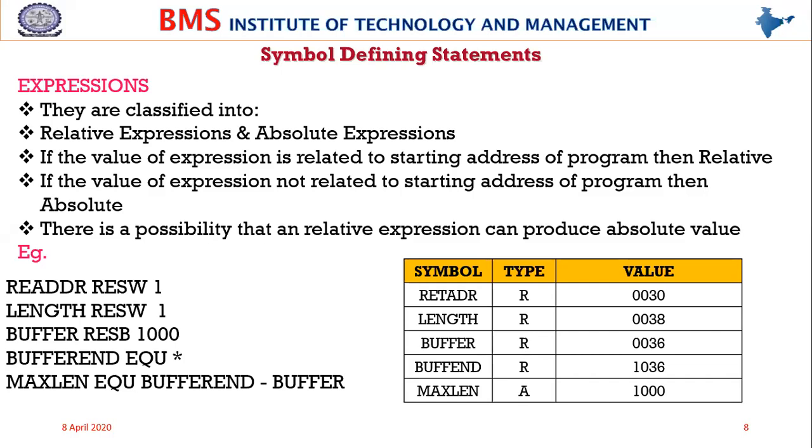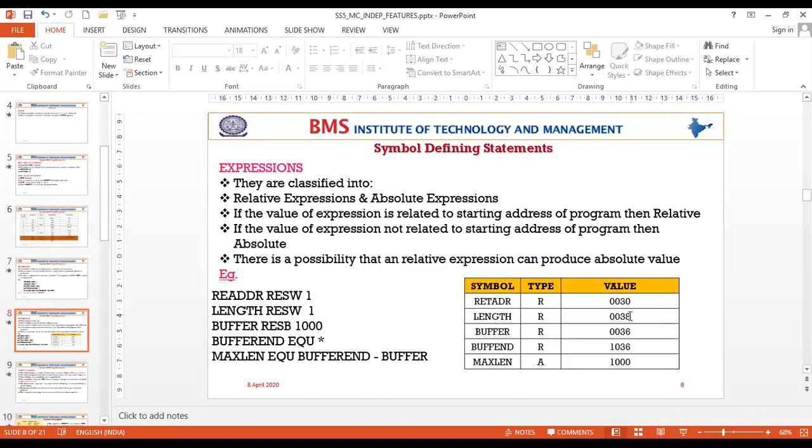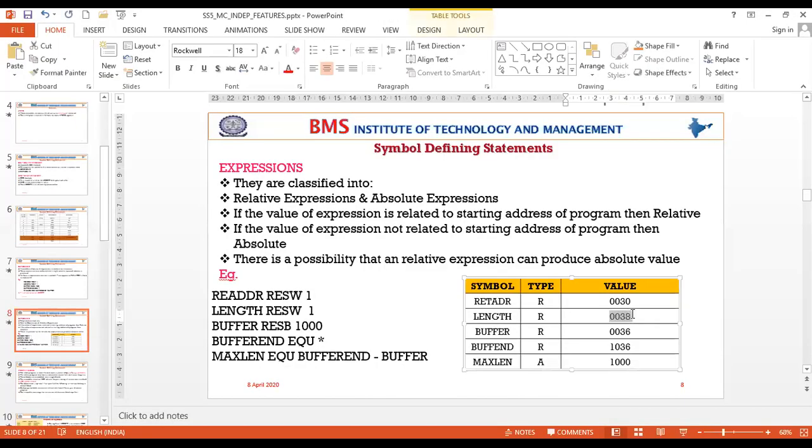For example, if the value given is 0030, that is the place where you have allocated the memory. Length is again relative addressing. For example, this is supposed to be 0030. I think you might have understood why I did this.